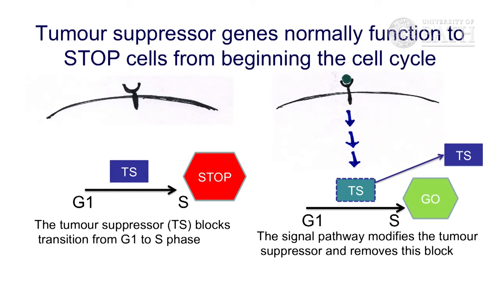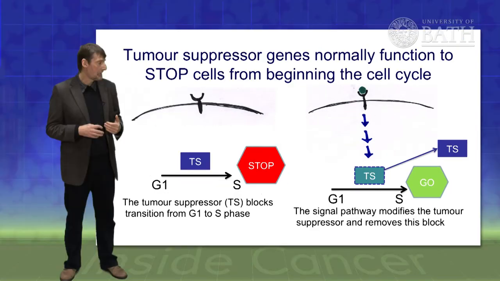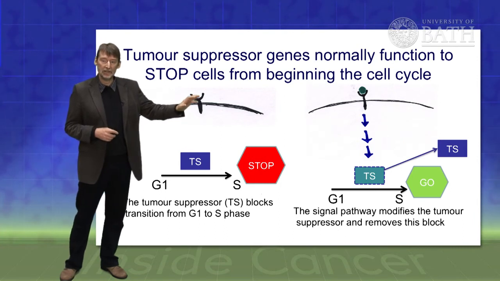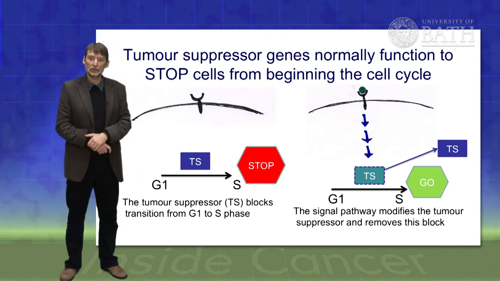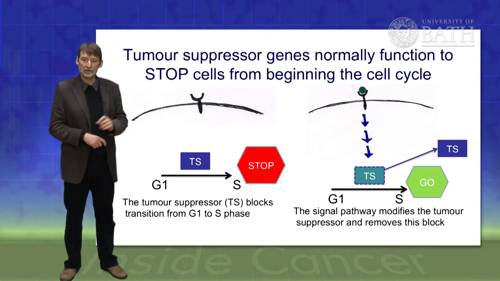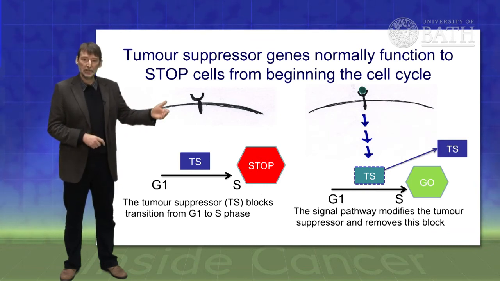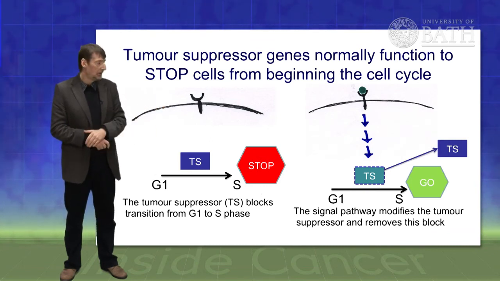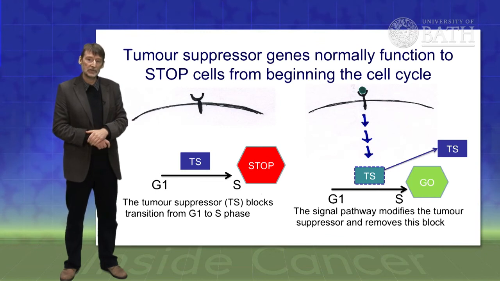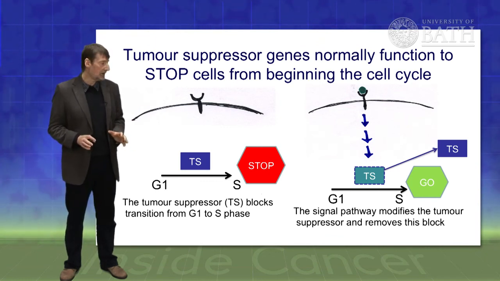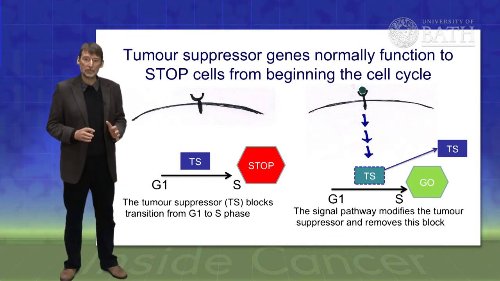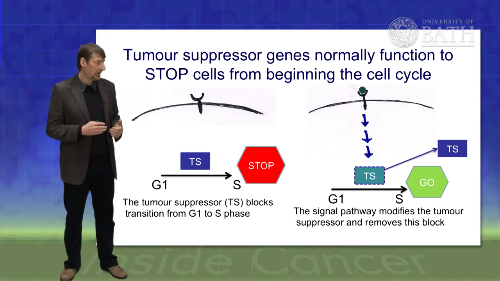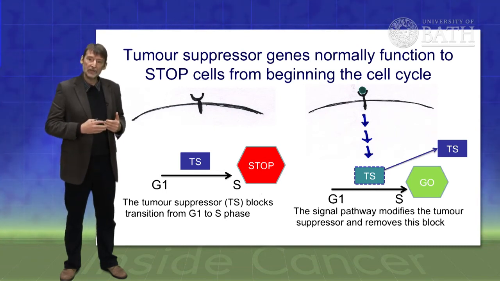So whilst the tumor suppressor is sitting there in the cell, it's stopping the cell from going around the cell cycle. If we again trigger the cell cycle, or attempt to by instructing the cell with a signal, initiating the relay, one of the jobs of that relay is to remove that block, that brake. So you remove the tumor suppressor, and again, the cell is then free to move from G1 into S phase.